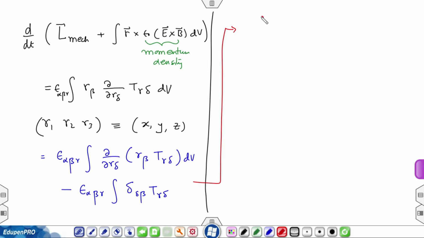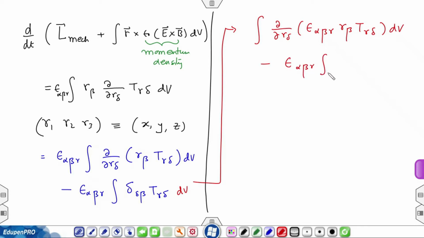But before that I will just write it like this, d by dr delta epsilon alpha beta gamma r beta t gamma delta dV minus, there is a dV here, epsilon alpha beta gamma integral, I sum over delta I get t gamma beta dV.